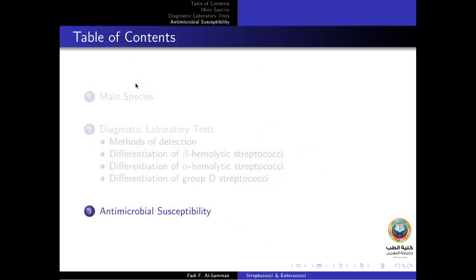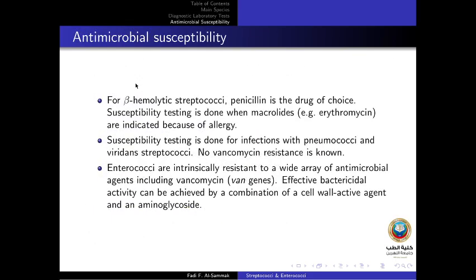Now we go to the antimicrobial susceptibility, and for the first group, the beta-hemolytic streptococci, penicillin is the drug of choice, and there is no problem with resistance with this group. And susceptibility testing is done when macrolides, for example erythromycin, are indicated because of penicillin allergy.